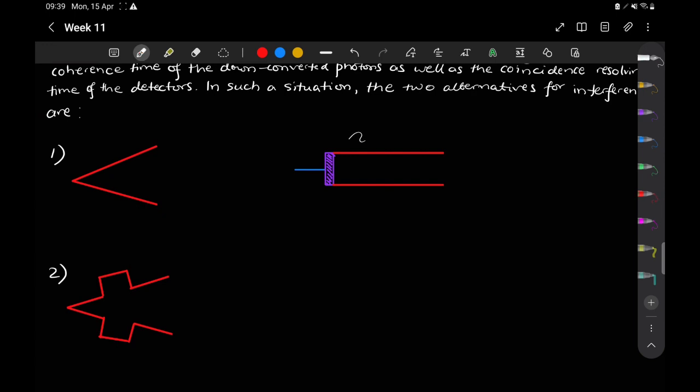And since there is only transmission, the phases will be 0.